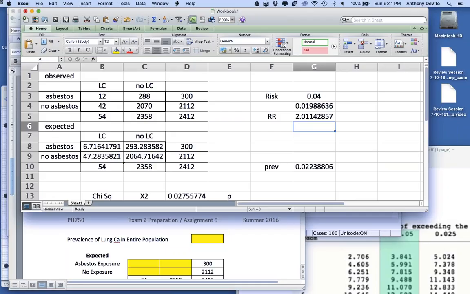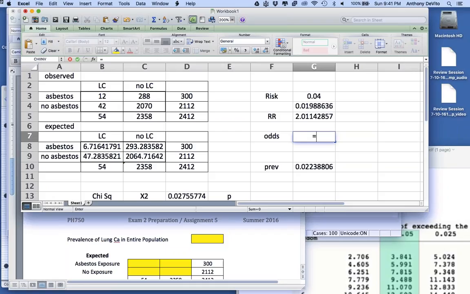Okay, so now, what about the odds ratio? What are your odds of getting lung cancer if you're exposed to asbestos? Somebody tell me what the numbers are there. Okay, what two numbers am I going to put for my odds for people that are exposed to asbestos?